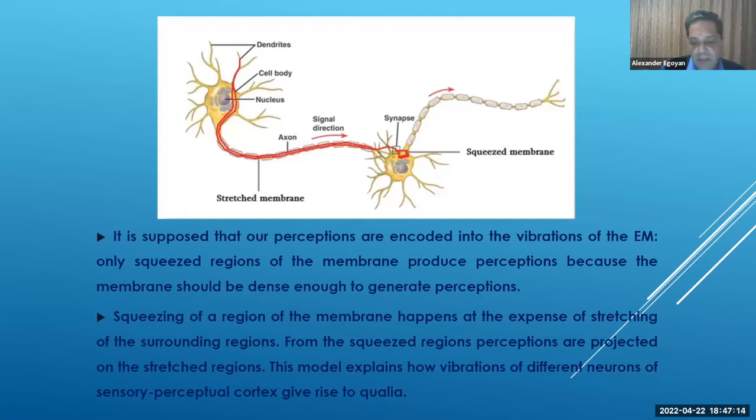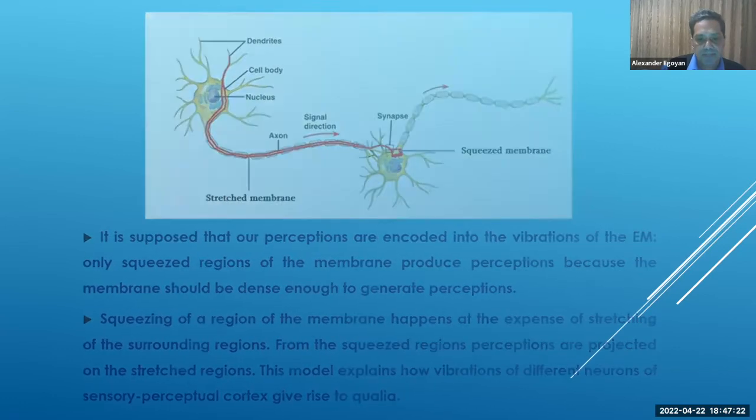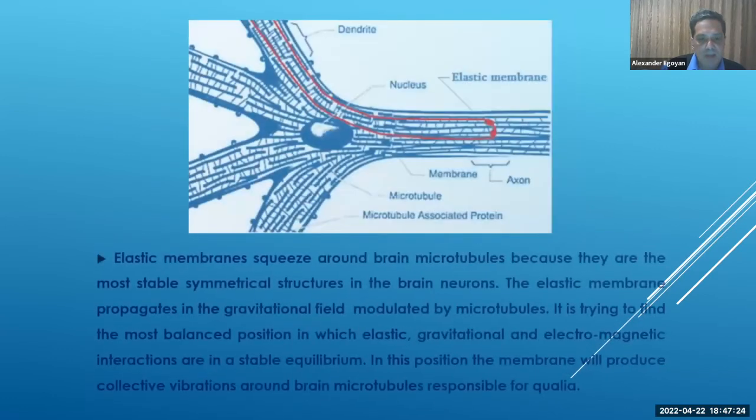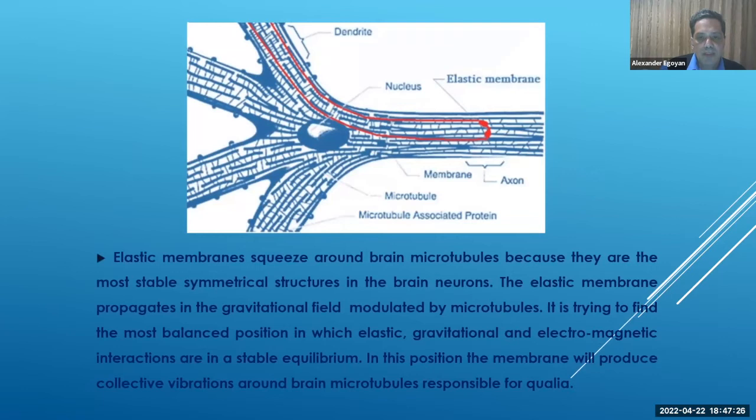This model explains how vibrations of different neurons of the sensory perceptual cortex give rise to qualia. This picture shows how the elastic membrane propagates through a neuron. You can see squeezed regions here, which are responsible for perception.